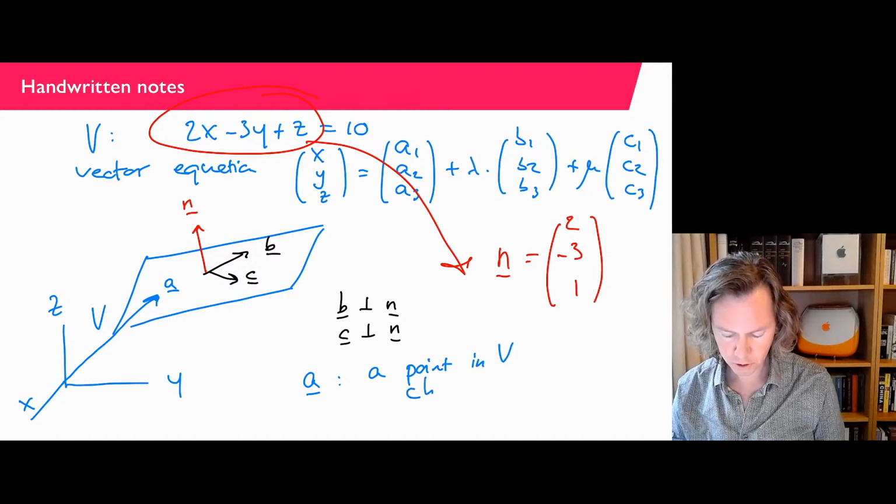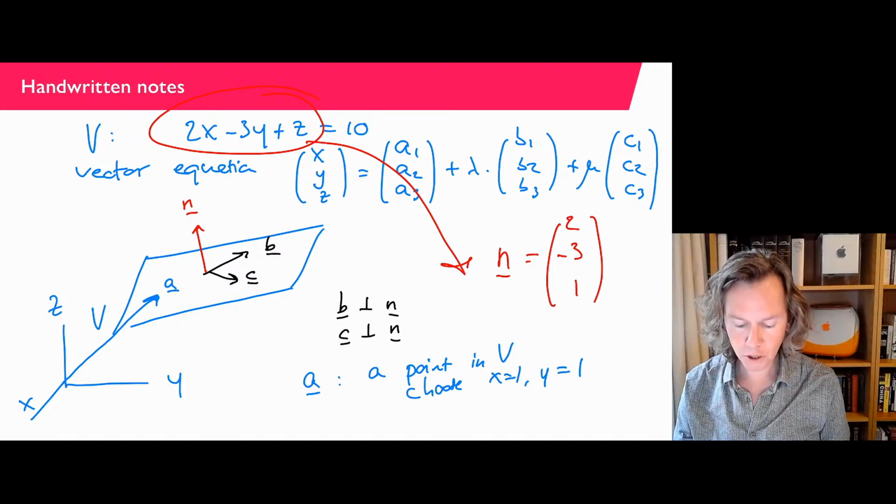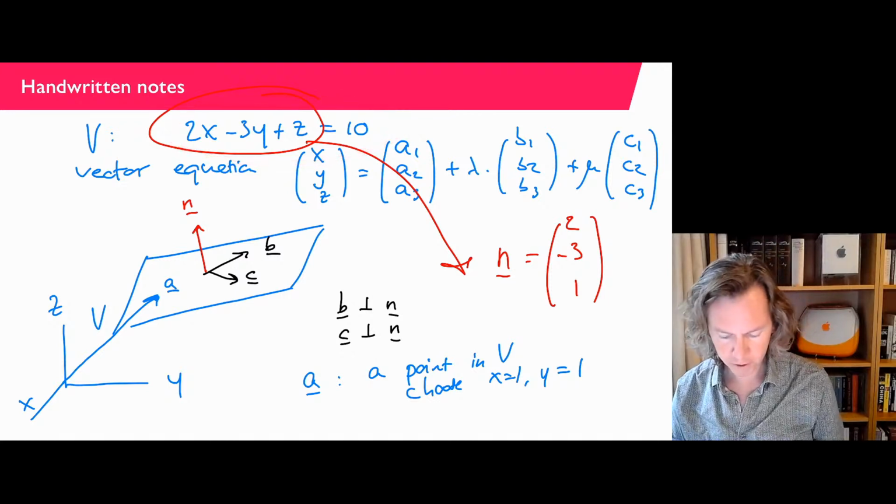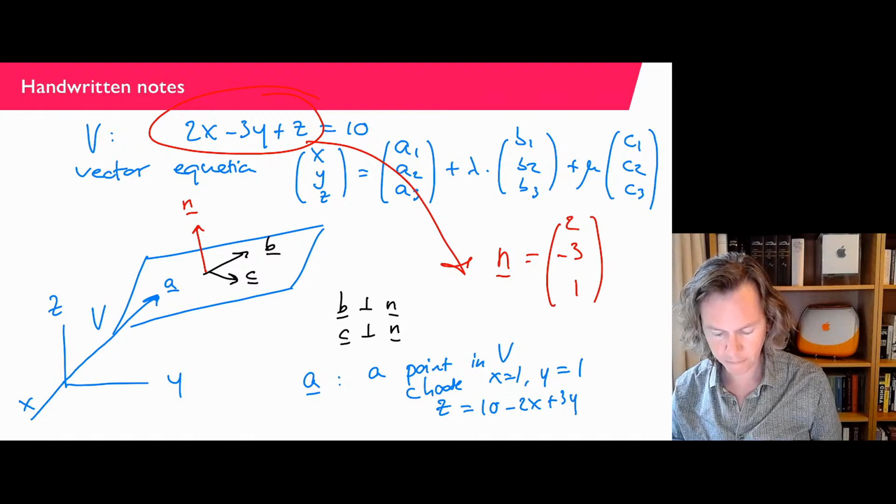So let's say that I choose x equals 1, y equals 1, and then I use the equation of the plane to compute the corresponding z value. Then you would find that z equals 10 minus 2x plus 3y.